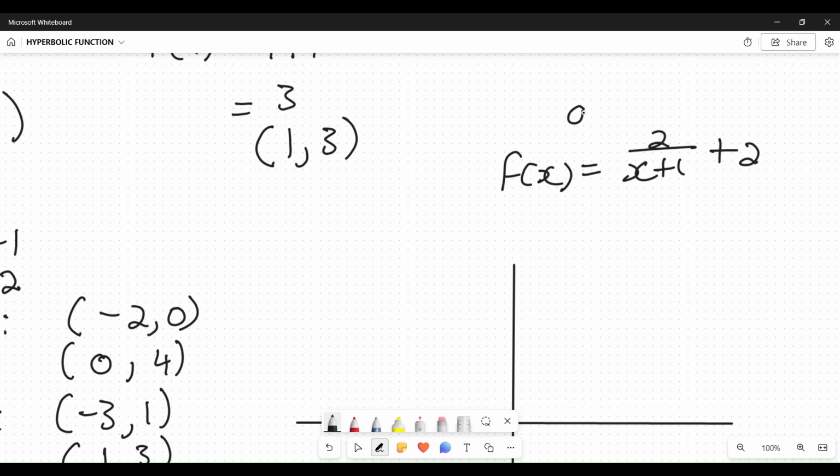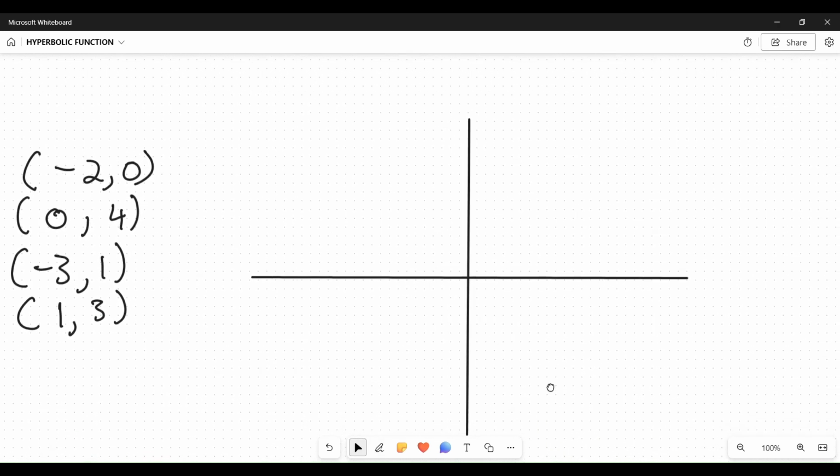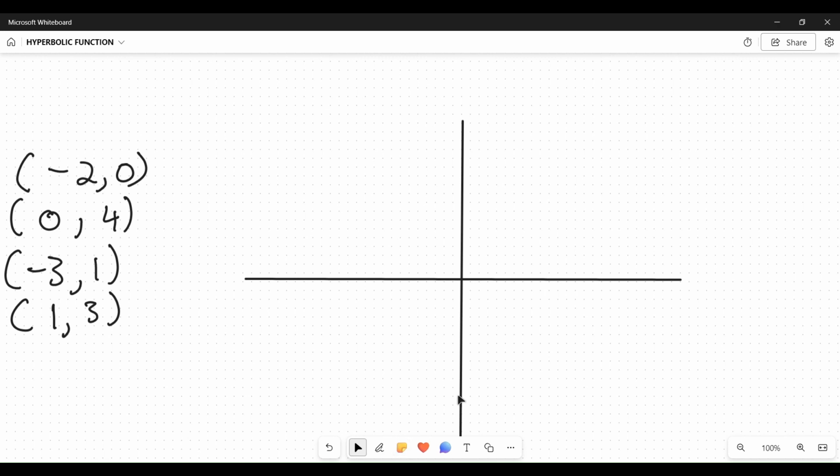So now what is our a here? a is equals to 2, which is positive. So now if it is positive, then our function will lie in the first and third quadrant. So yeah. Now let's draw our function on our xy plane.